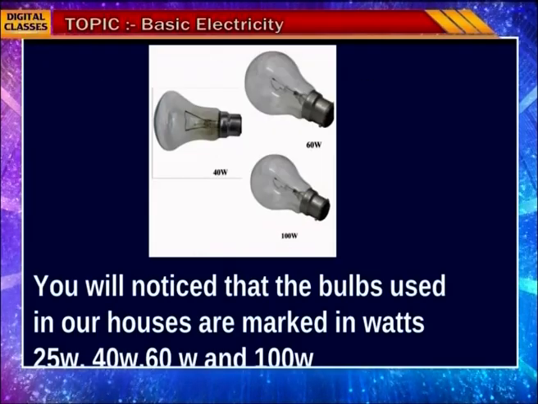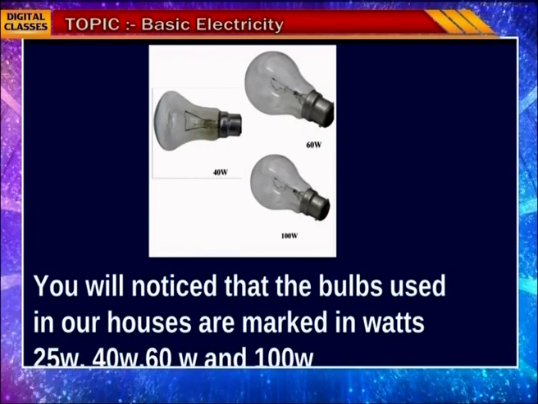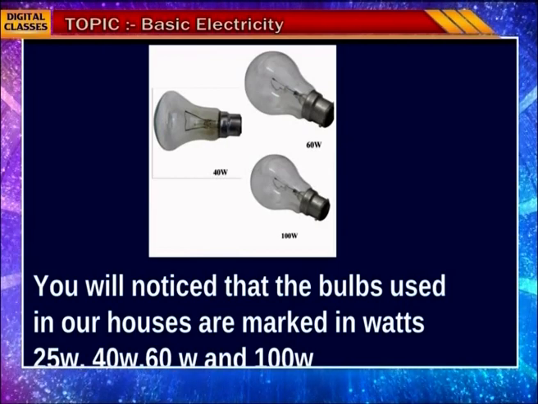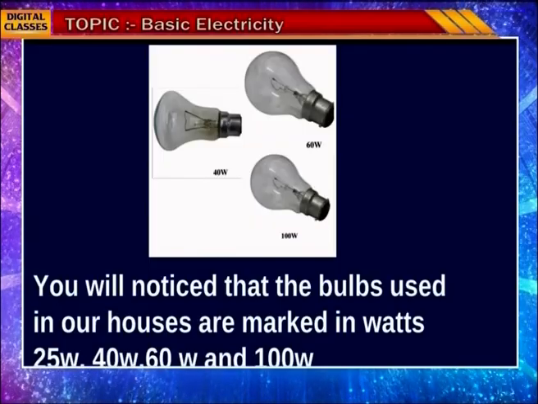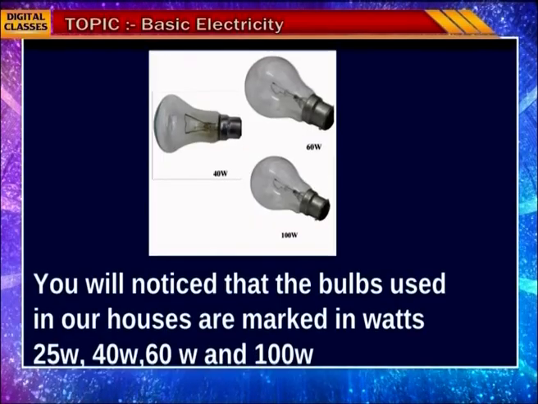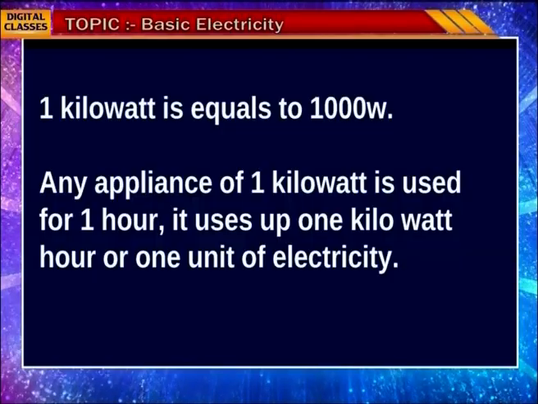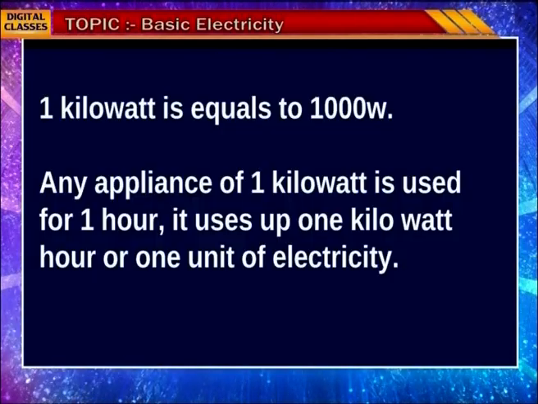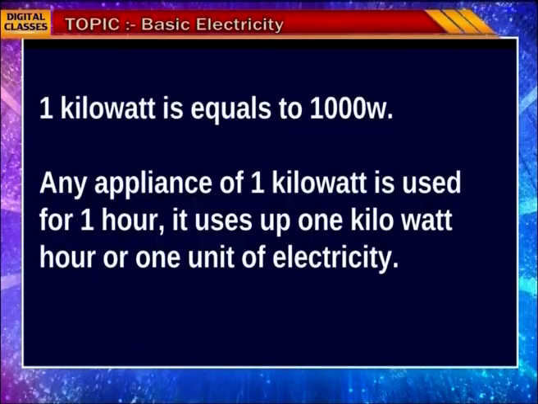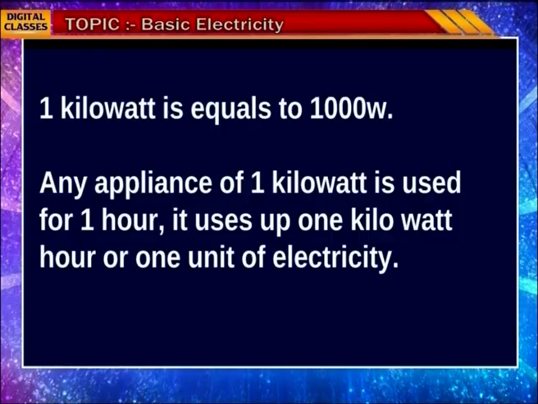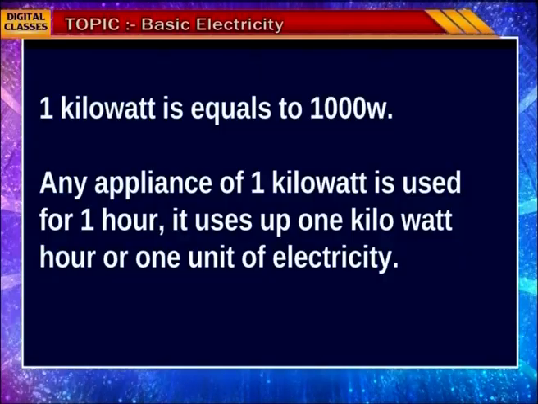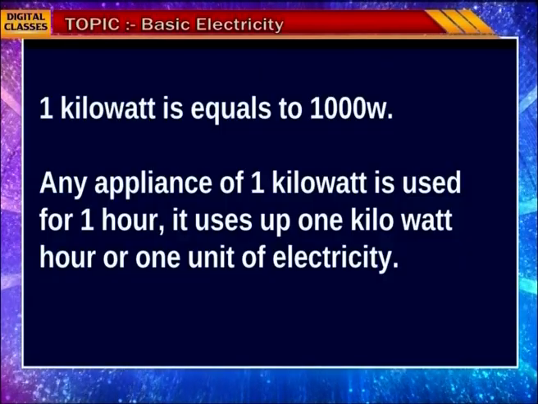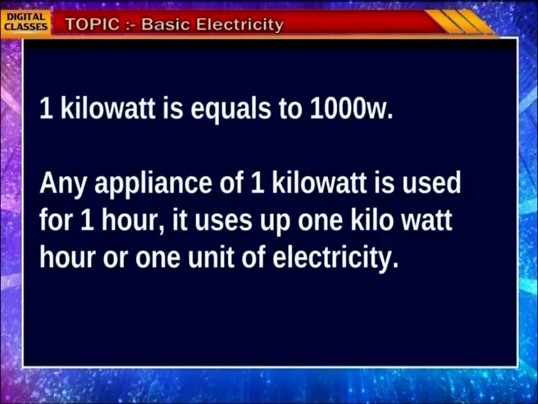Let us know. You will notice that the bulbs used in our houses are marked in watts: 25, 40, 60 and 100. 1 kilowatt is equal to 1000 watts. When any appliance of 1 kilowatt is used for 1 hour, it uses up 1 kilowatt hour or 1 unit of electricity.